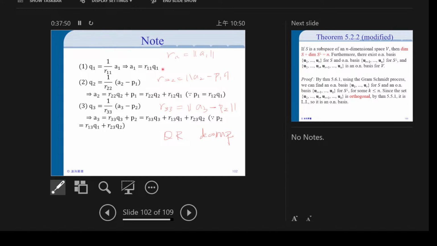A1 will be R11 times Q1, A2 will be R22 times Q2 plus R12 times Q1, etc. So you can write your A matrix equal to some Q matrix times R matrix. That's QR decomposition. Okay, but we skip that.